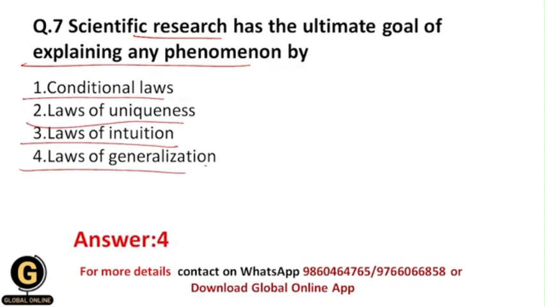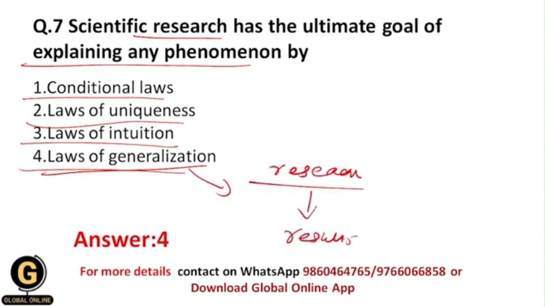Laws of generalization means basically we have a research study and we are getting results from our research study. So basically we apply the results of this research study to the real facts.